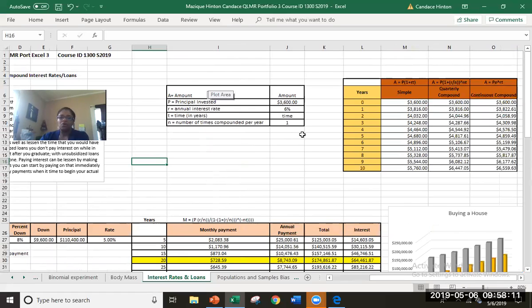Let me see if I can move this over here so you can see my chart. Okay, so here we are with our formulas and we have our breakdowns here. Our simple interest, our quarterly interest, and our compound.